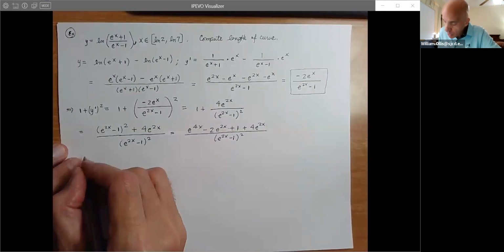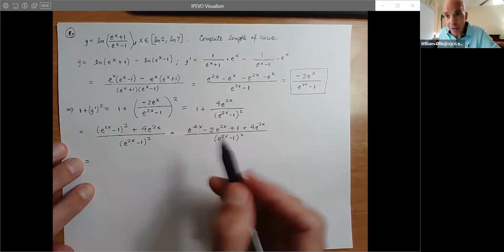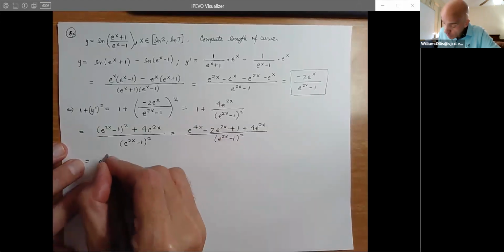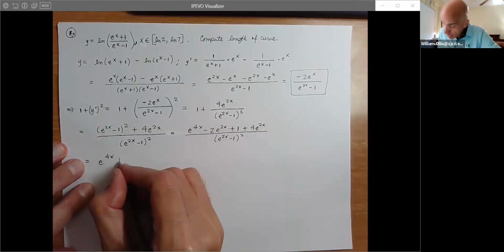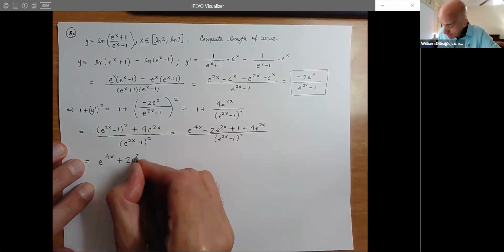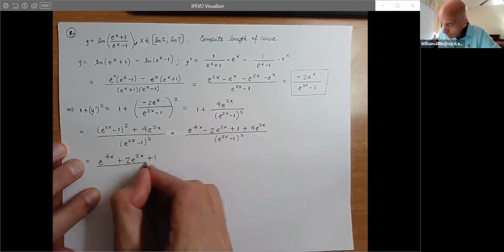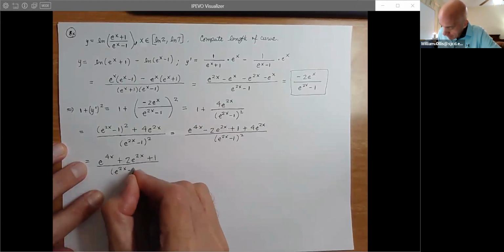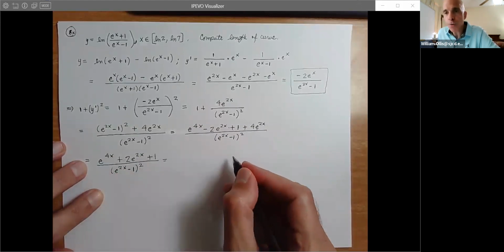So now notice, hopefully we've got our fingers crossed, we're going to get another perfect square. So we get e to the 4x. And now, of course, we have 2 copies of e to the 2x. And then we have the 1. So again, we have another perfect square. Remember, an identity is an equation that is true for all values of the variables for which it is defined.